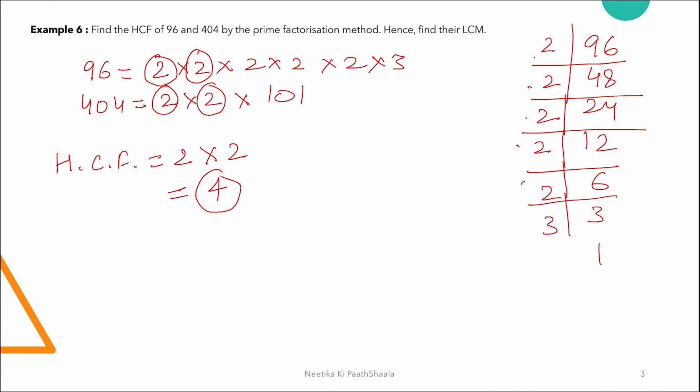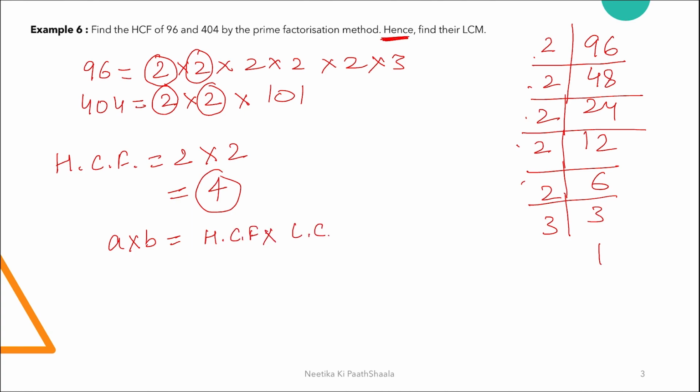Now we have to find the LCM, and here they have written hence their LCM. Hence का मतलब है finding out the HCF, and using that you have to find the LCM. So there is a formula that the product of two numbers is equal to the product of its HCF and LCM.